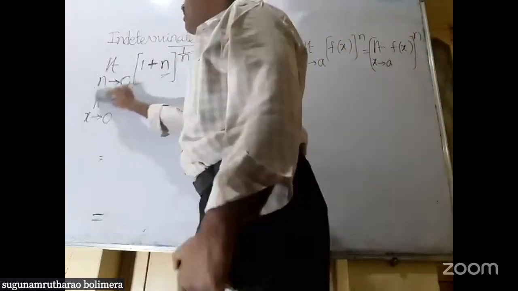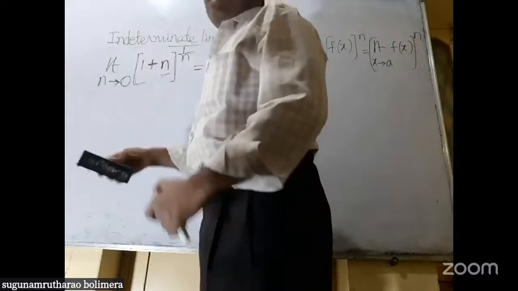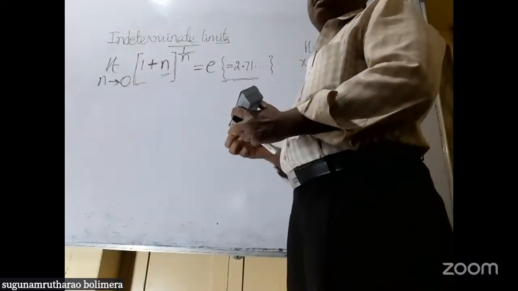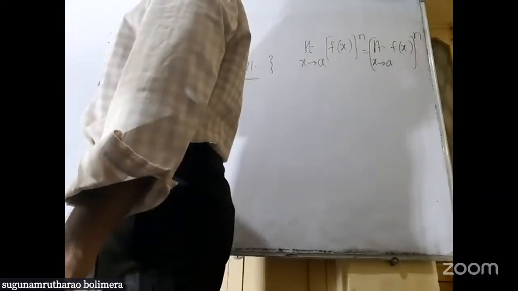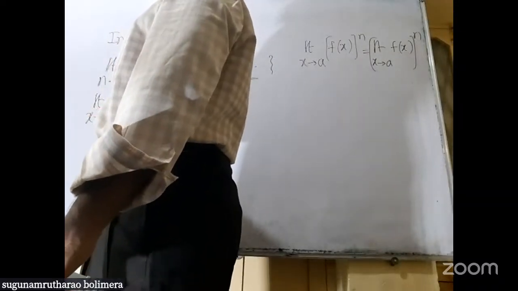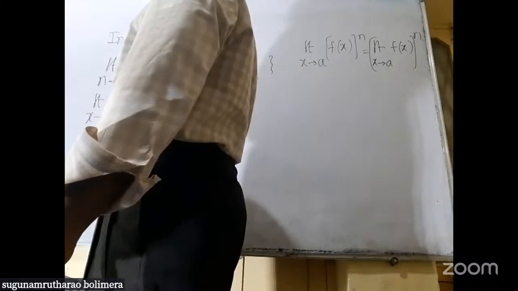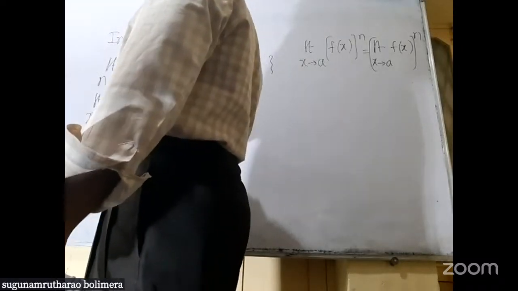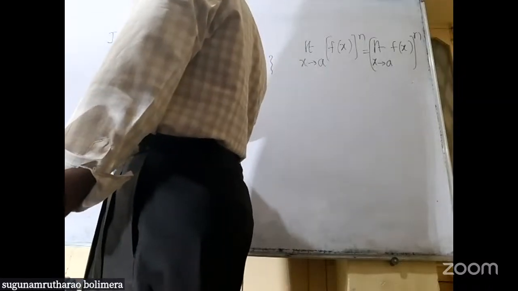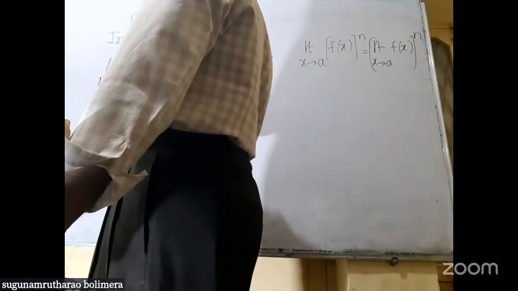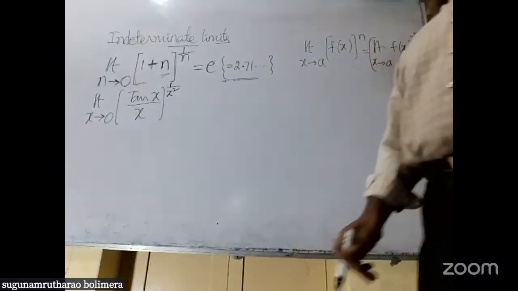Limit x tends to 0, (tan x by x) whole power 1 by x square is in the power of that.